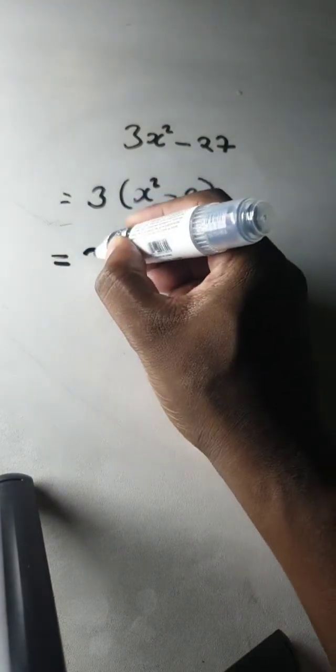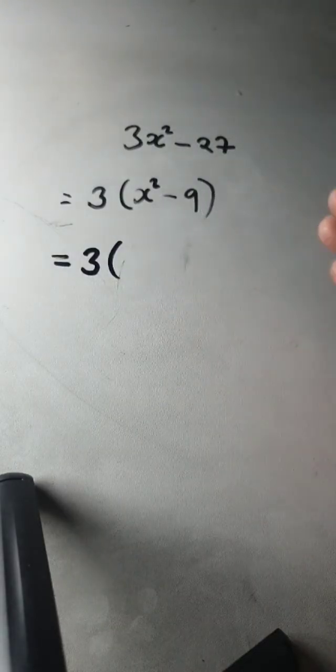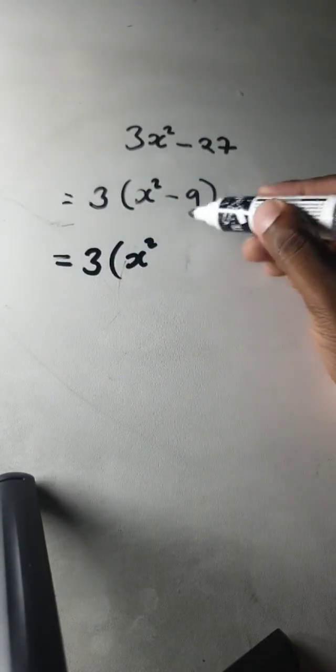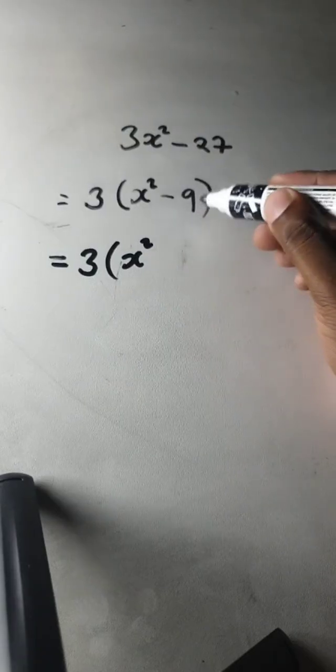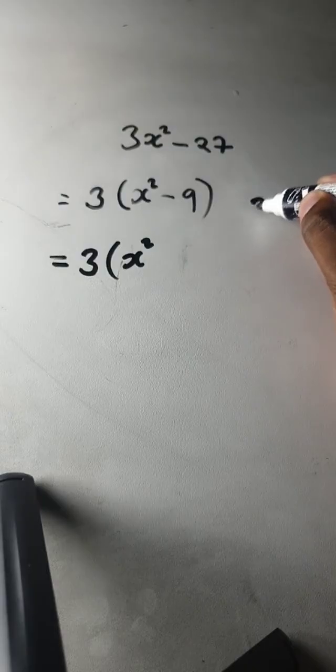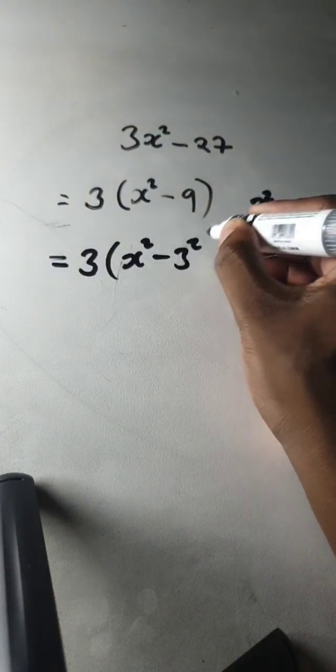So we still maintain the 3. Then we express what is in the bracket to have the power 2, just like x squared has the power 2. What about 9? Is there any way we can change 9 to have a power 2? Yes. The only way is 3 squared, because 3 squared is 9. So we say x squared minus 3 squared.